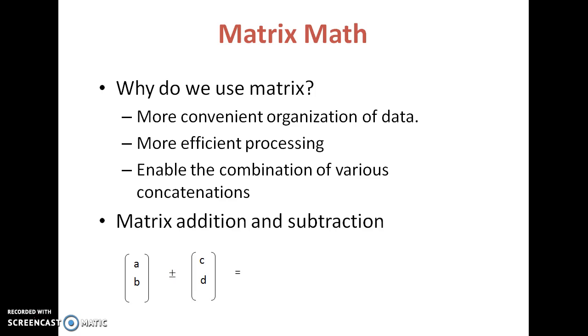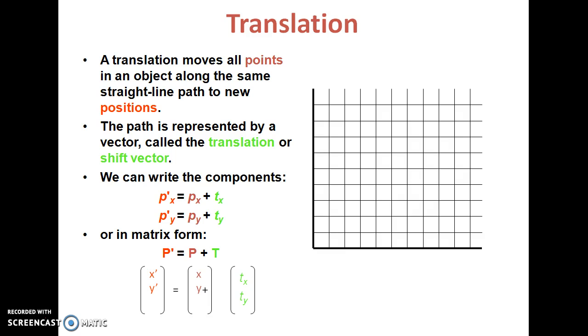Now why is the matrix used in this transformation? It is a more convenient organization of data, more efficient processing, and enables the combination of various concatenation, and matrix addition and subtraction.